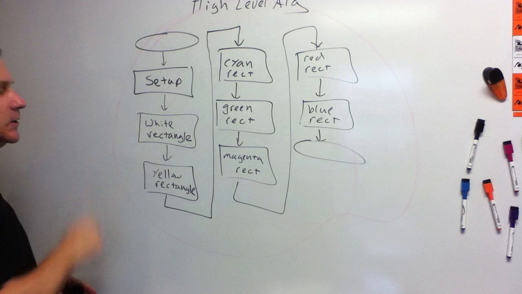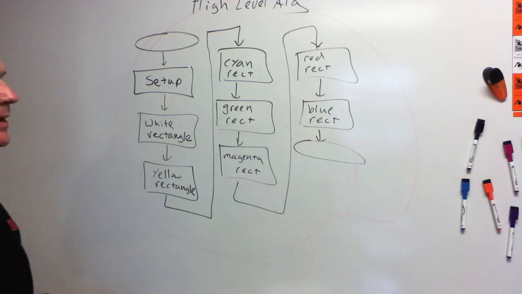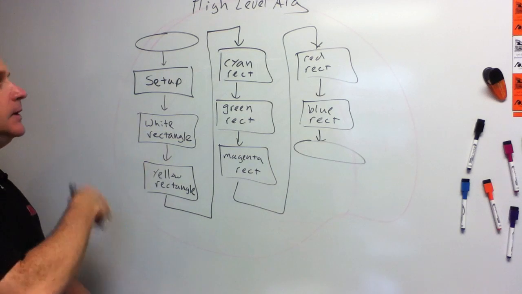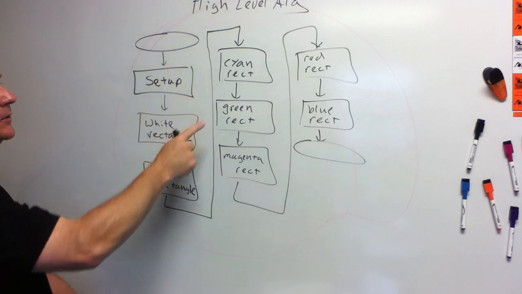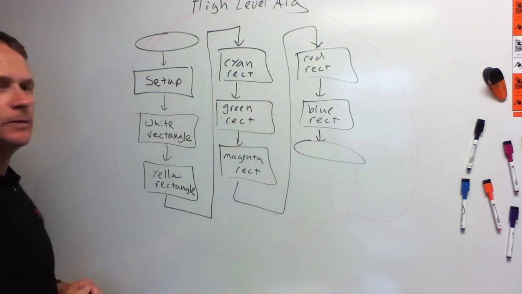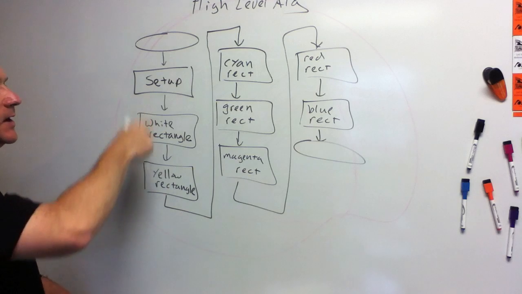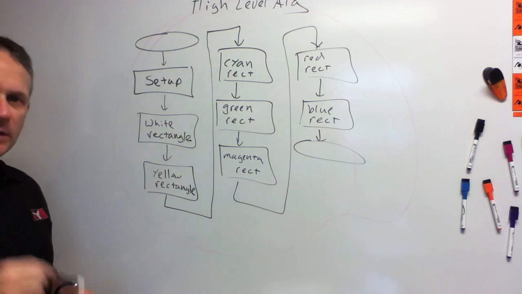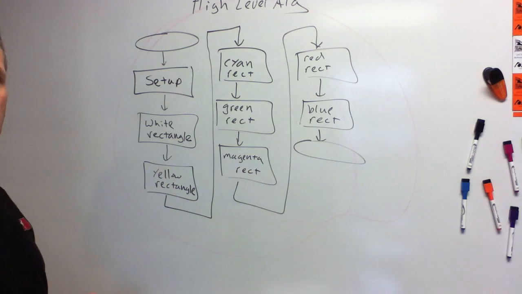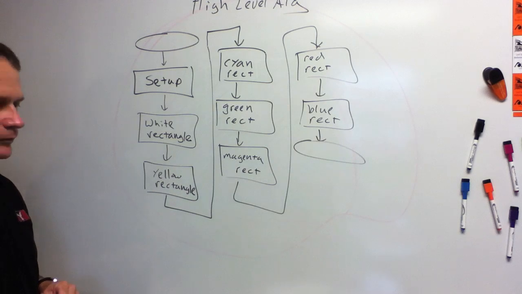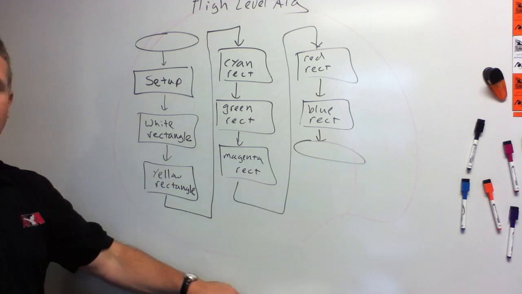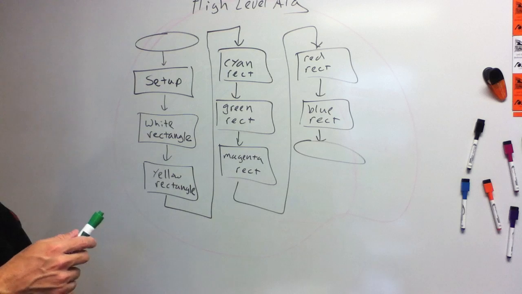I don't know what to do specifically to draw a white rectangle. I just know that that needs to be next, followed by a yellow, cyan, green, magenta, red, and blue. Okay? So notice how the arrows in our flowchart tell us what to do and in what order, which is very important.